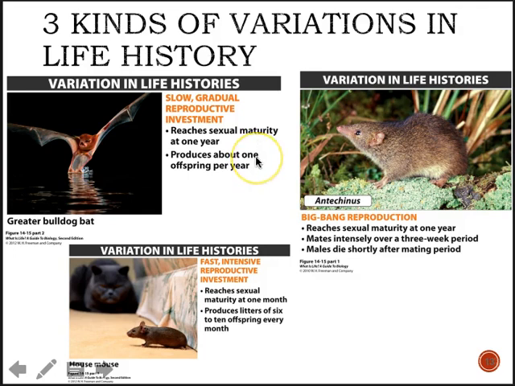We only produce 1 offspring at a time in general, but of course it's not every year that we reproduce, and a lot of people stop after just 1 or 2 these days. We've got a really good probability of surviving and reproducing until the next time, and we live a really long time. So that fits most into the slow, gradual reproductive investment that we see like the bat.